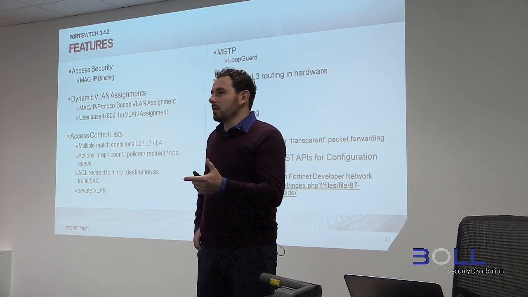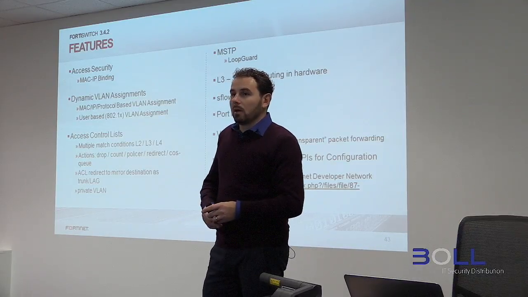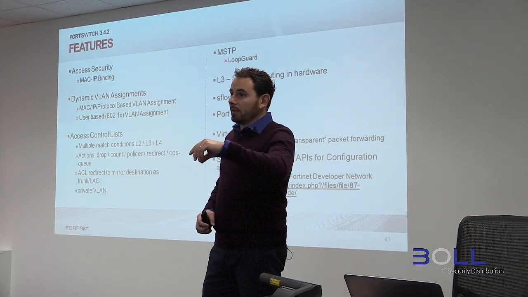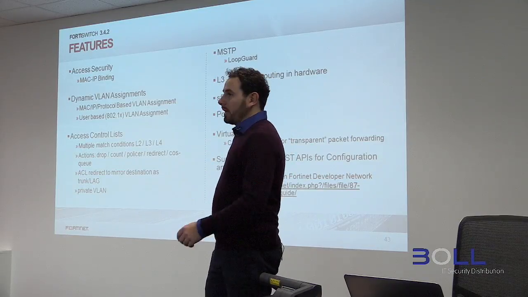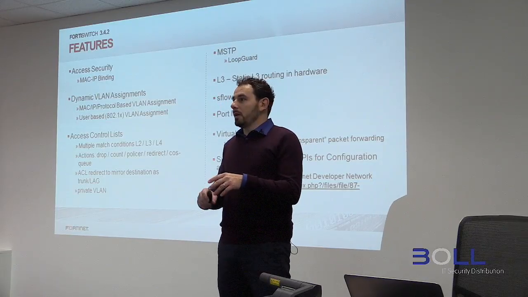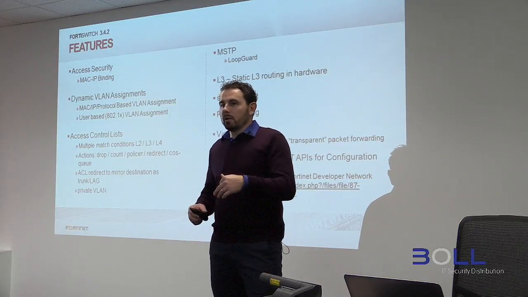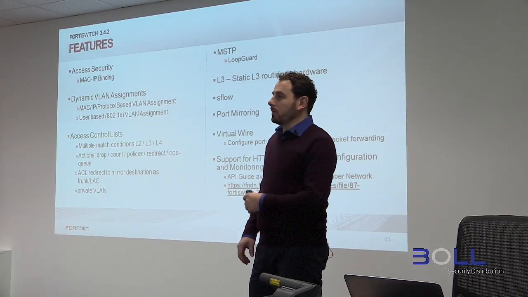The API is very similar, and you can apply it to the switch. Even the FortiGate itself sends commands to the switch using the REST API. So when the switch is managed by the FortiGate, the FortiGate is also provisioning the switch with this API.